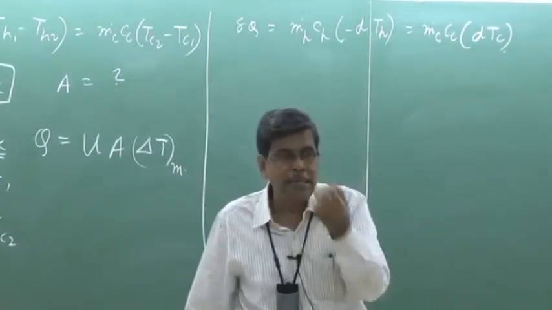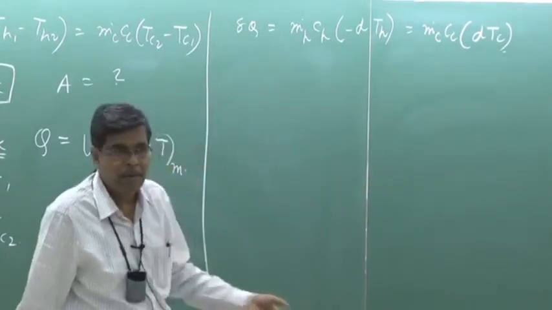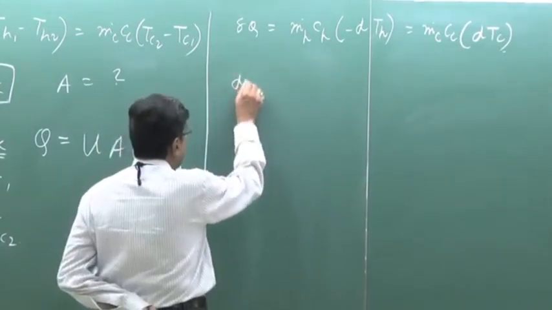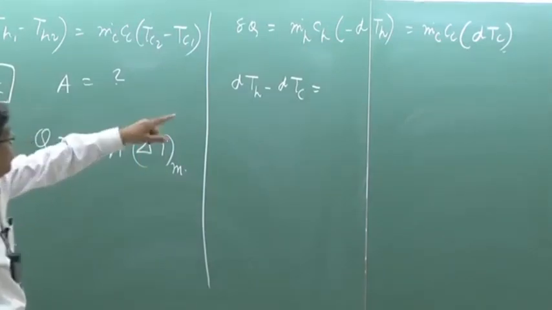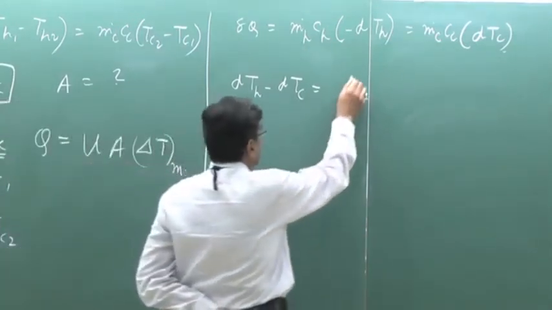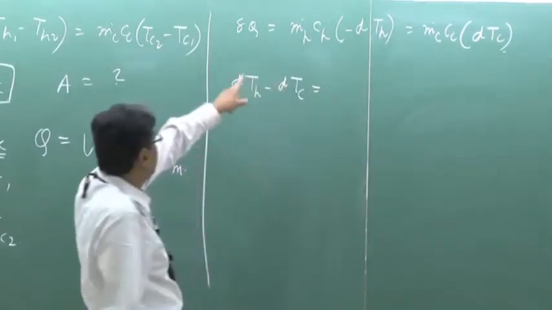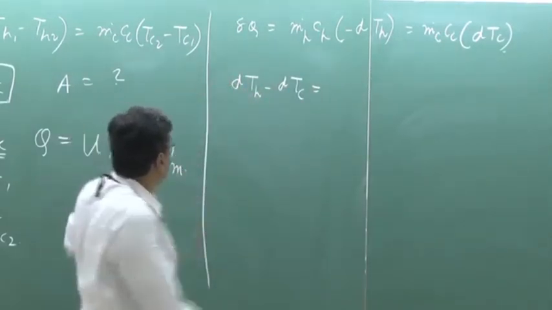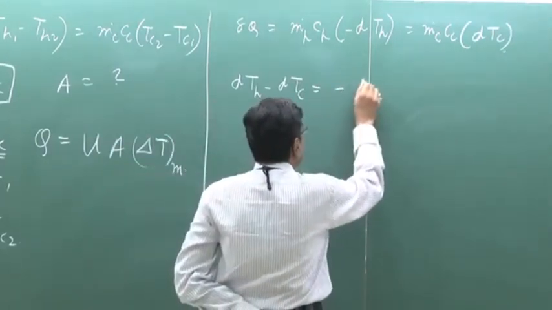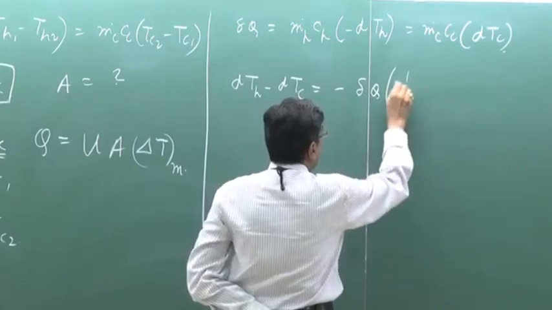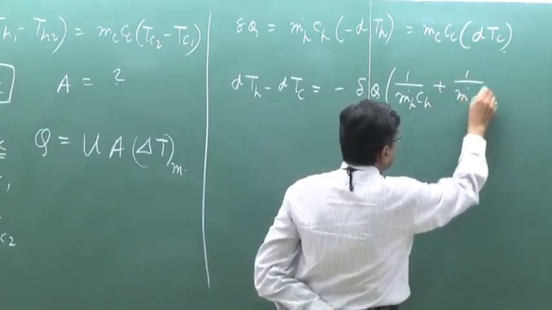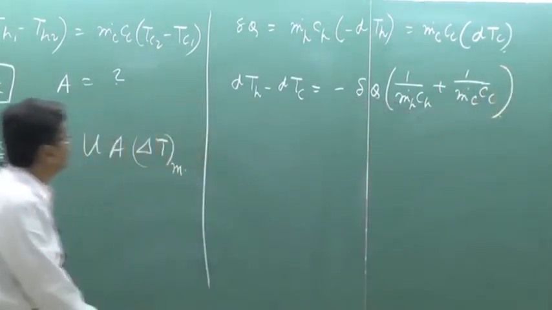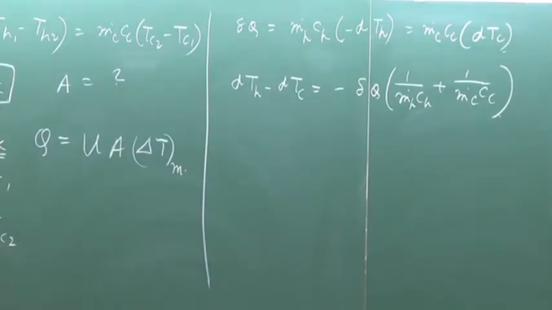Okay, now we make a very simple algebraic, primary school level algebraic manipulation: dTH minus dTc equals what? dTH is minus, dTc is also minus, that means minus del Q times (1 by m dot H CH plus 1 by m dot C CC). dTH minus dTc, clear?